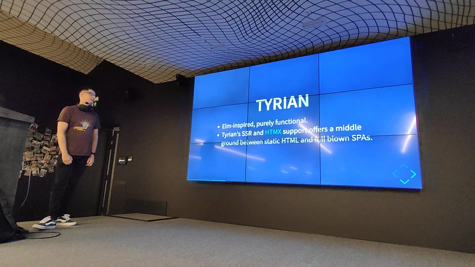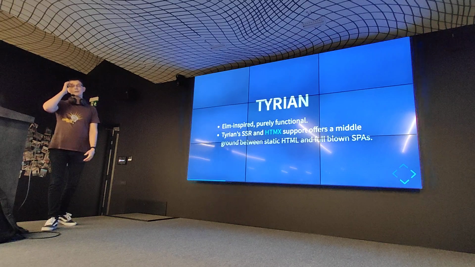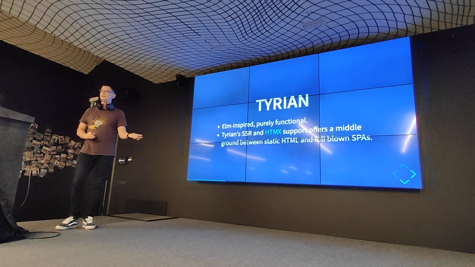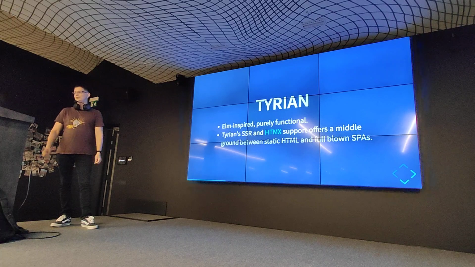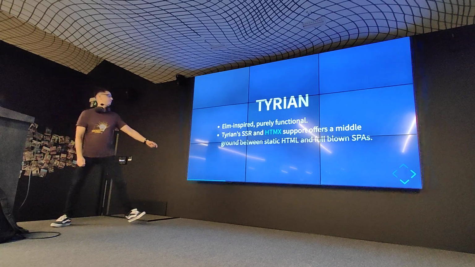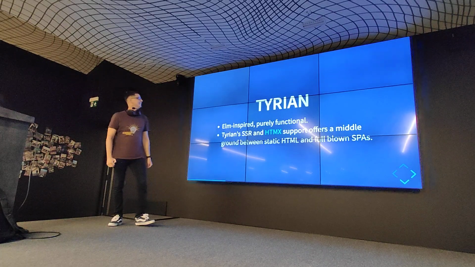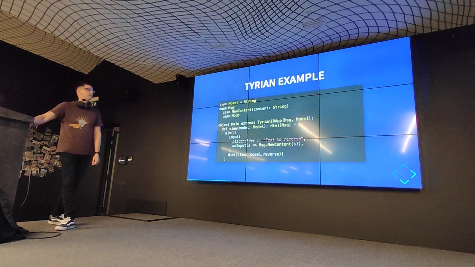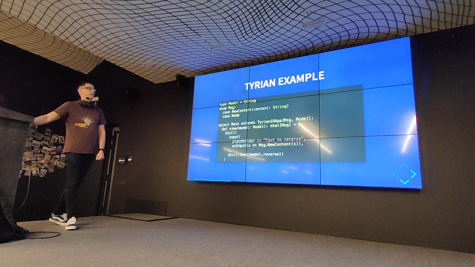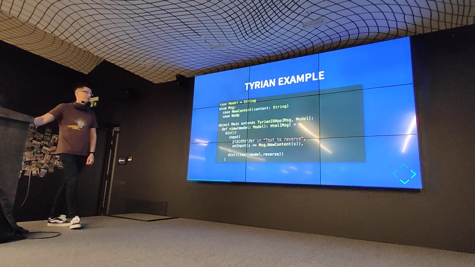There's also Tyrian, which is if you like the virtual DOM style. Tyrian is Elm-inspired and purely functional, and I wrote SSR correctly here. So yeah, it will look a bit different, and it looks more similar to what you would expect from React.